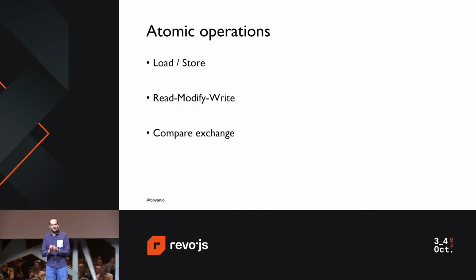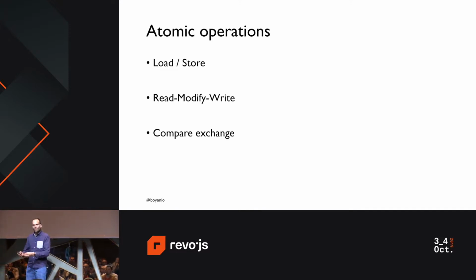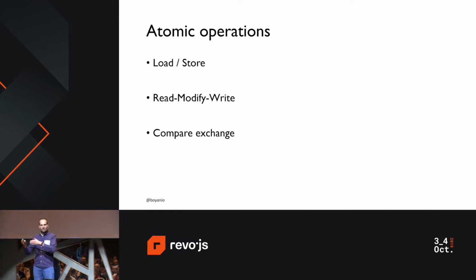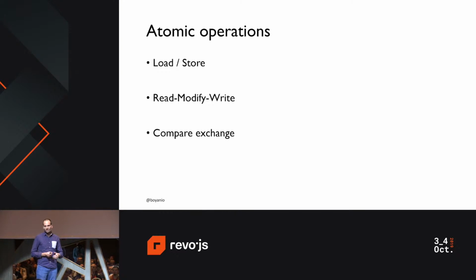They provide us a set of operations that happen as one. This could be, for example, loading and storing of data to the memory, so that it happens as an atomic operation. Then we have read-modify-write, which is exactly this: take a value from the memory, update it, and then write it back as one operation, so that we know that it's going to happen. And then we have compare-exchange, which is basically taking a value from the memory, exchanging it with another one under a certain condition, and then writing it back.